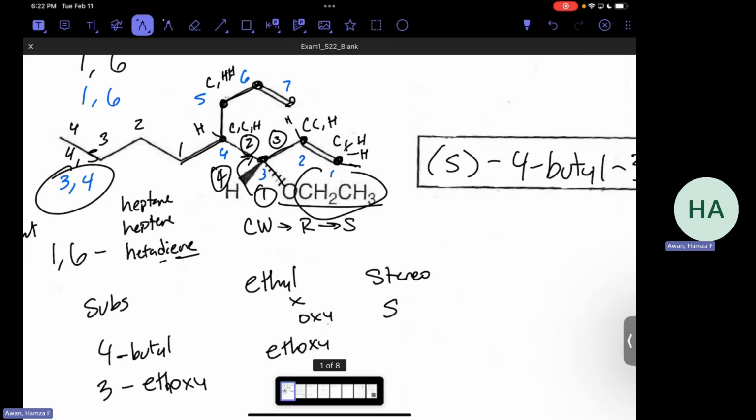Because the smallest group is on a wedge, that would make it go from R to S. Does that make sense? Yeah. Any other questions? No? Okay.